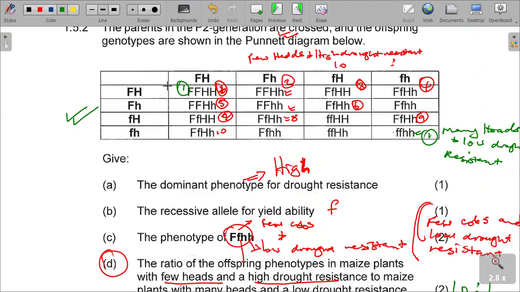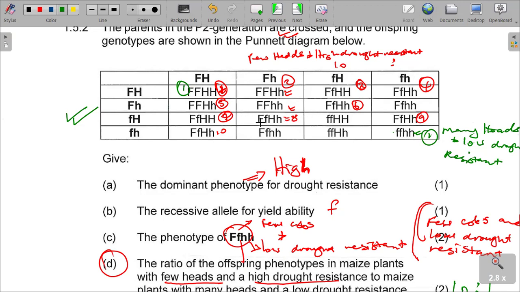How many do we have? So we have to say one. This is homozygous for both characteristics.